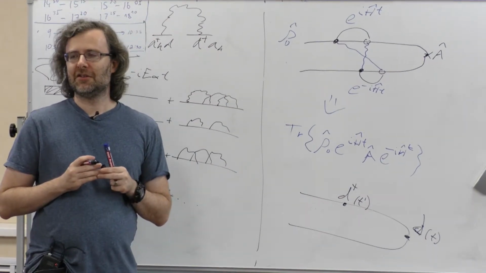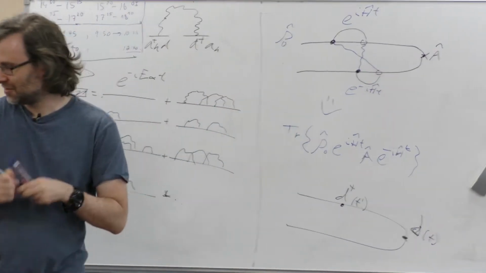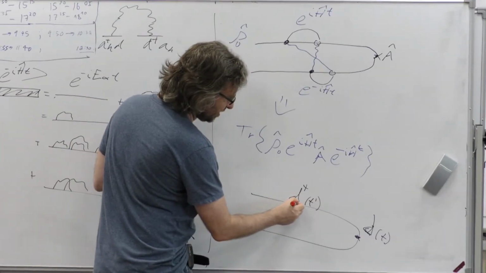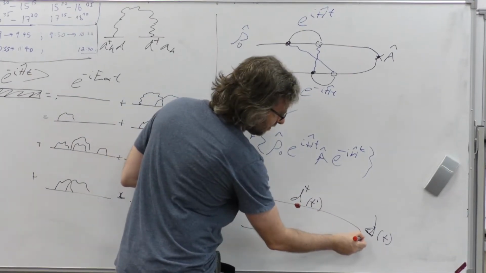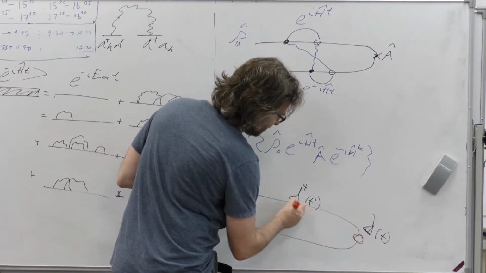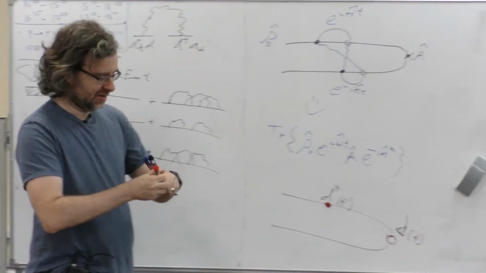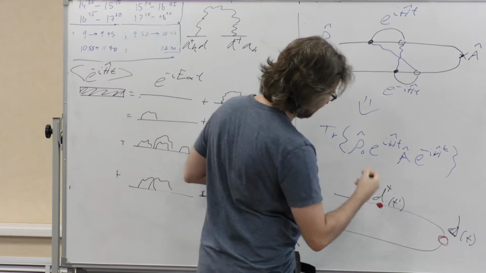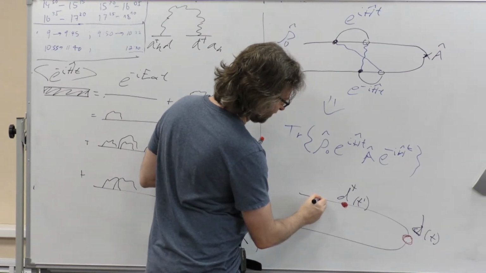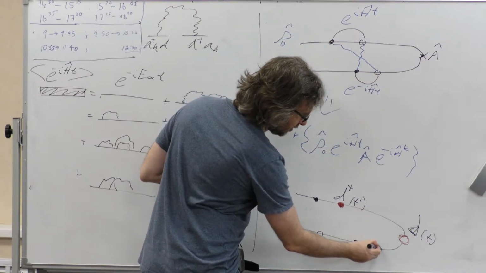Let's draw these as red vertices because they're special. We'll make one of them white and one of them black, full and empty. In addition to these, we have a bunch of regular vertices, so let's put a few of those in.